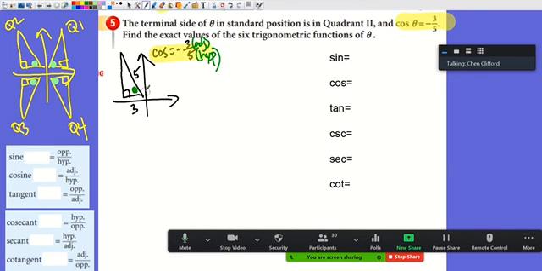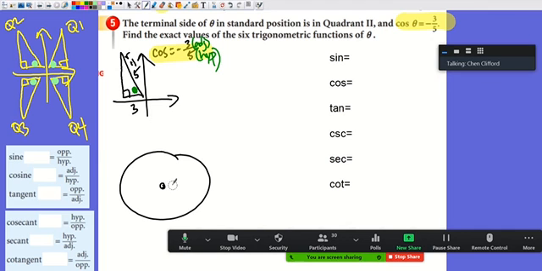Now, the hypotenuse can never be negative, simply because the hypotenuse is the length. Or let me just put it this way. Hypotenuse, remember, it's r, which is the radius of a circle.